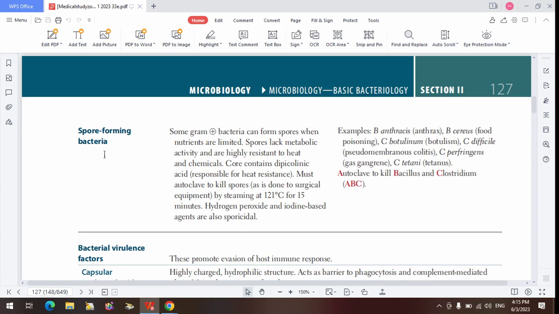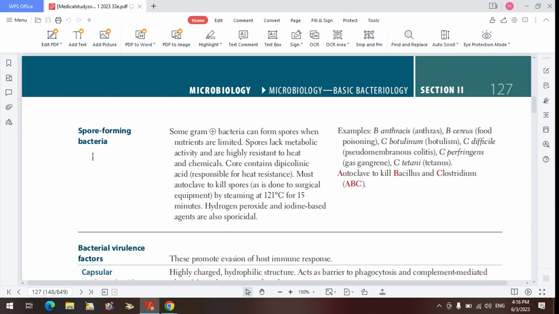We said the spore contains a keratin-like coat, which has some constituents including dipicolinic acid that helps you have resistance against heat. We also talked about the fact that it contains DNA so that the microbes can regenerate from there, as well as a peptidoglycan cell wall, because this spore forming attribute is native to the gram positive organisms.